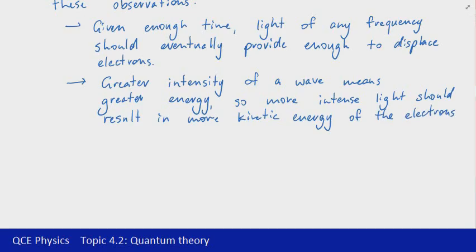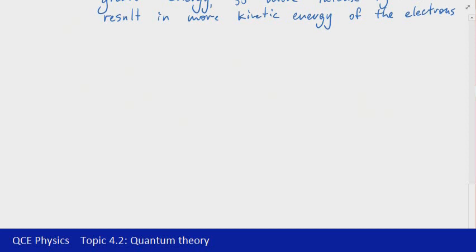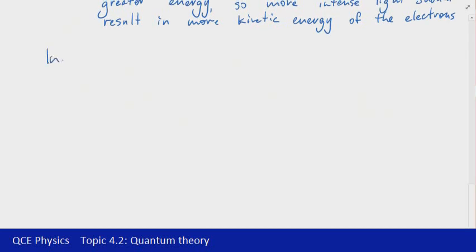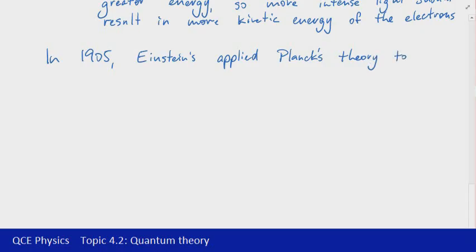In order to explain the observations, it came down to Einstein in 1905, when he applied Planck's solution to blackbody radiation to the photoelectric effect. In doing so, he significantly advanced our understanding of the nature of light.